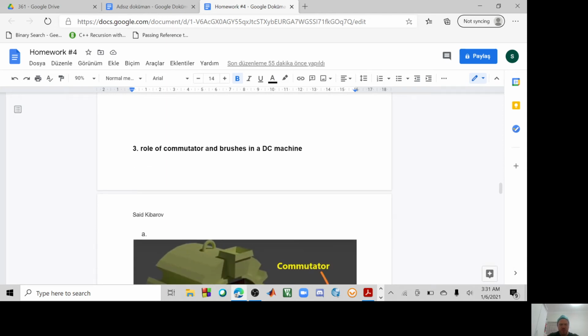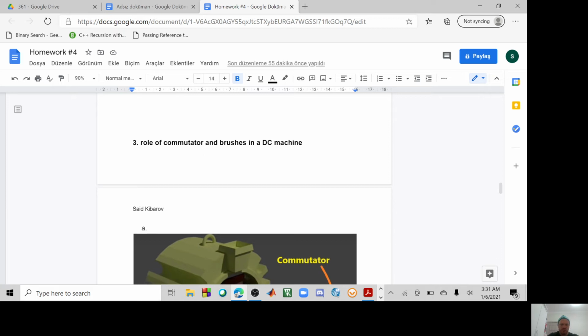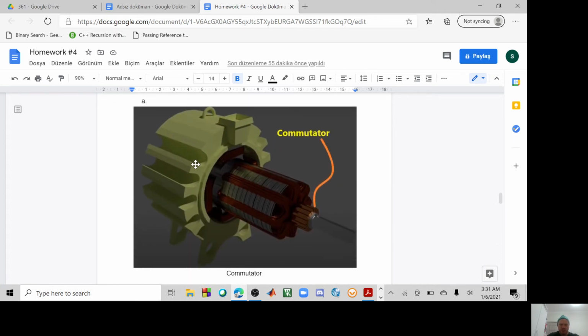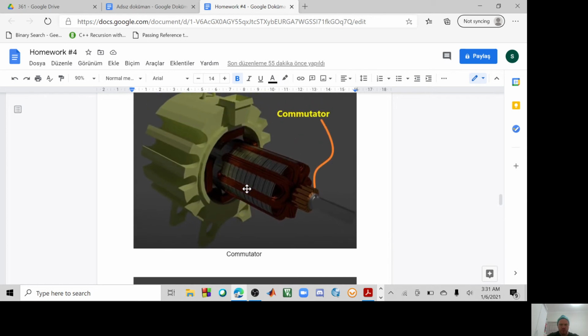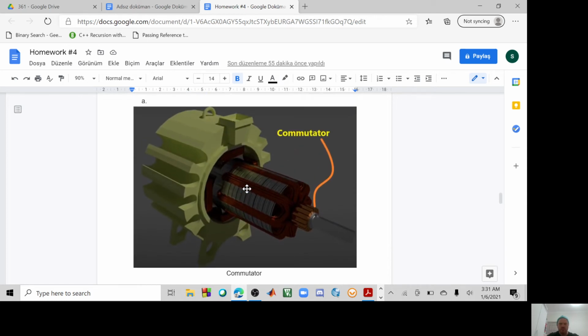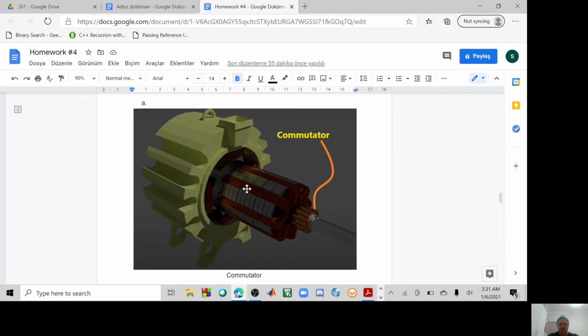The next one is: explain the role of commutator and brushes in a DC machine. So you can see that I have a picture drawing of a commutator, this part, and also I have a drawing of the brushes. We have two of them, this one and this one. So let's begin with the commutator. Basically, the commutator has two functions.